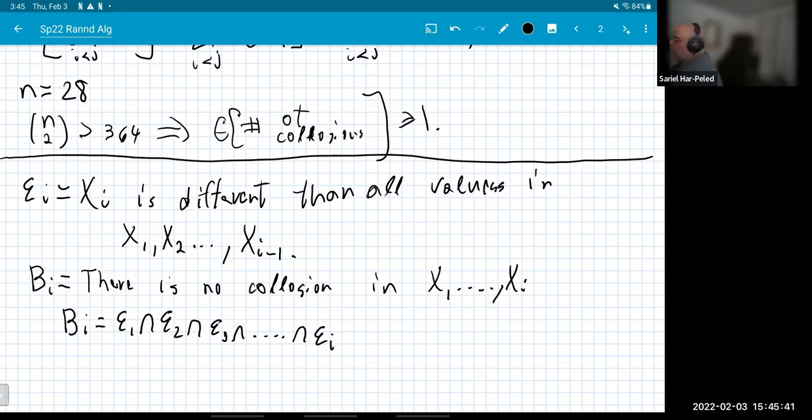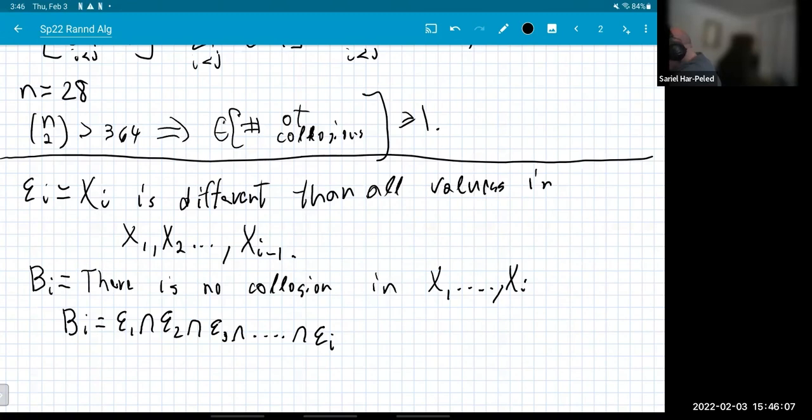This is just a complicated way of saying that the second value x2 does not collide with x1, and so on until the ith value. The ith random variable did not collide with the previous i-1 choices.